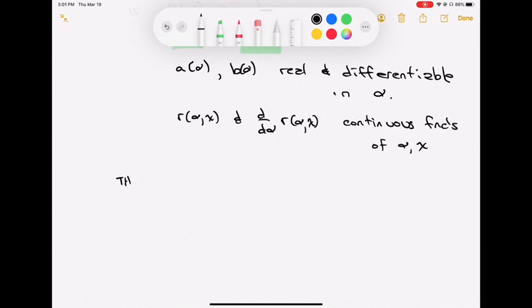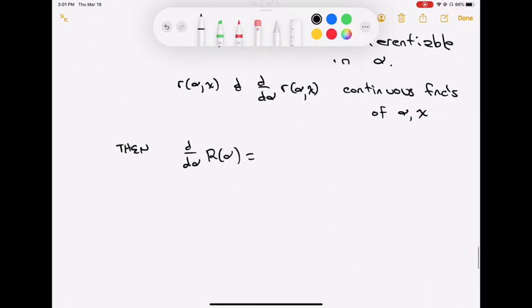Then the result that Leibniz gives us is something like this: the derivative with respect to alpha of capital R of alpha is going to be equal to, and we get a big mess of terms in here, a minus r of alpha comma a of alpha, the lower limit of integration, times the derivative da of alpha with respect to alpha.